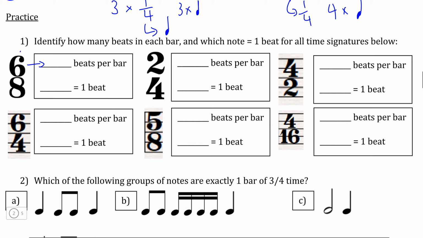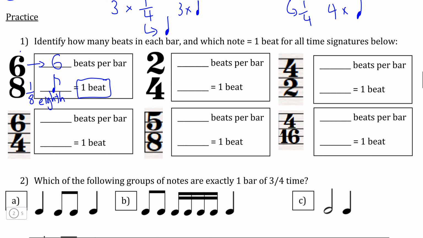Top number always tells us the number of beats in the bar, which is 6, but here it's 6 times the fraction 1/8, which is an eighth. And therefore, we can see here that it's not actually a quarter note that is going to be 1 beat. It's actually an eighth note that is defined as 1 beat.